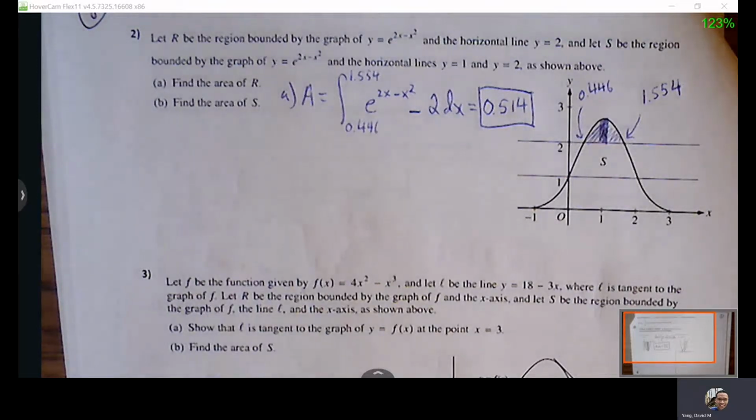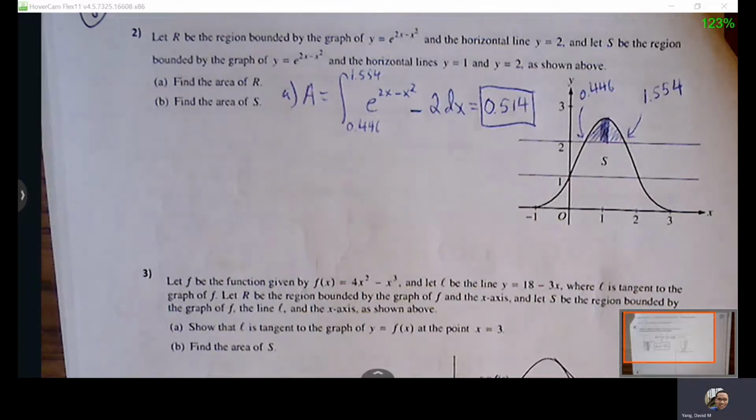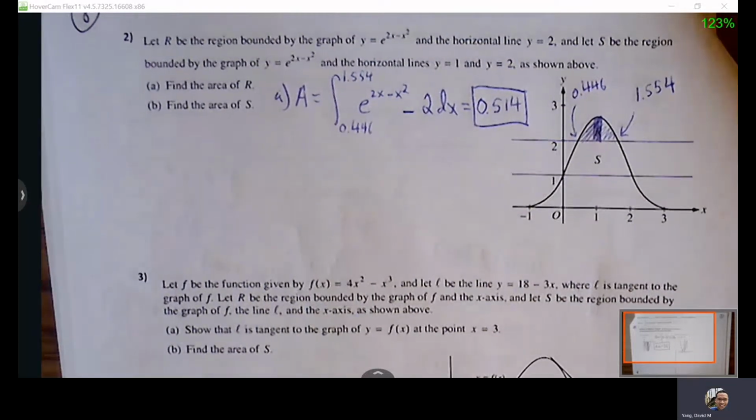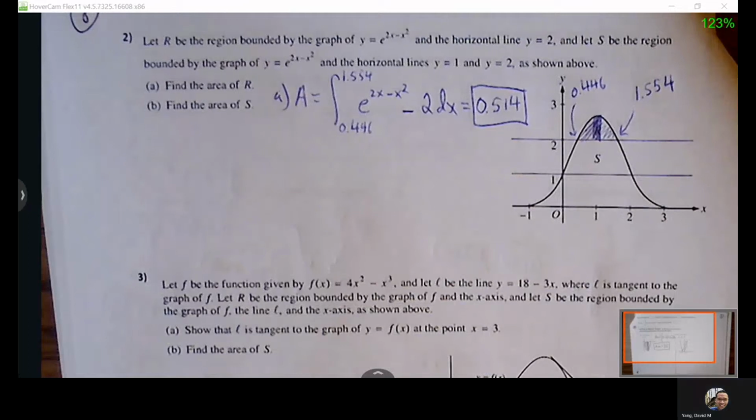Okay, let's see if we can explore part B. Part B says find the area of S. So there's two ways that we can go about doing it.